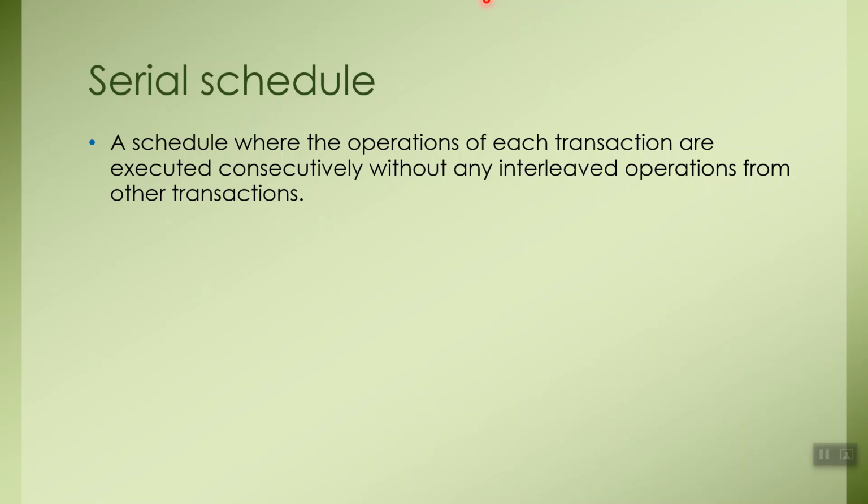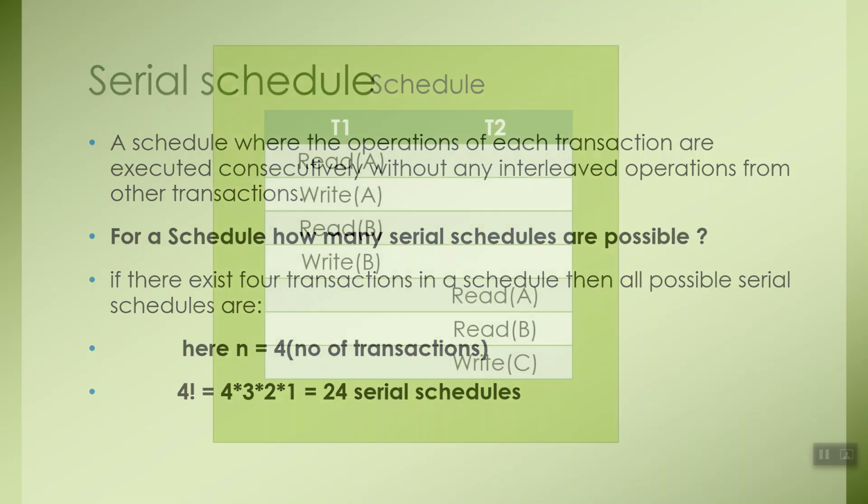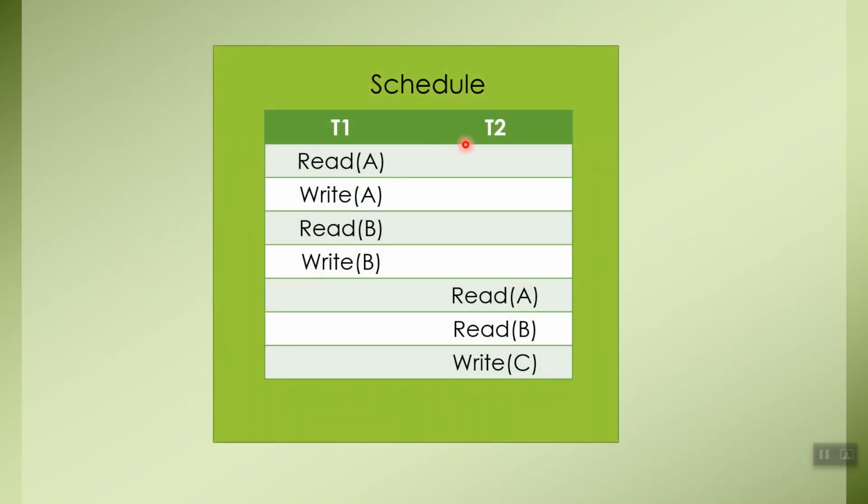Now how many serial schedules are possible? That means if there are n transactions present in a schedule, then how many serial schedules are possible? n factorial serial schedules are possible, right? For example, see here there are two transactions T1 and T2 present in a schedule, right?